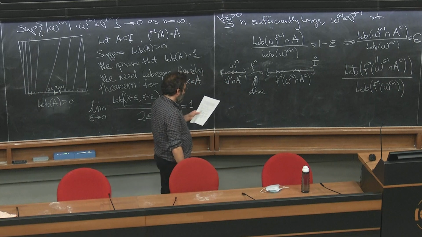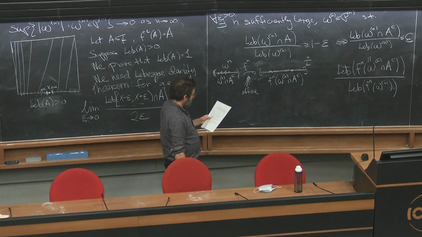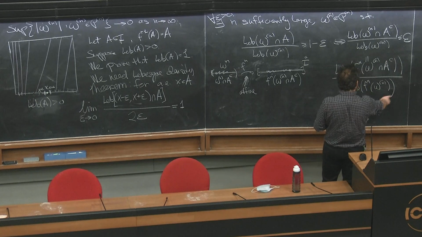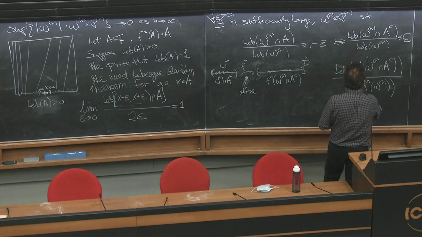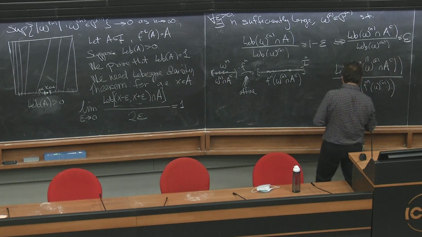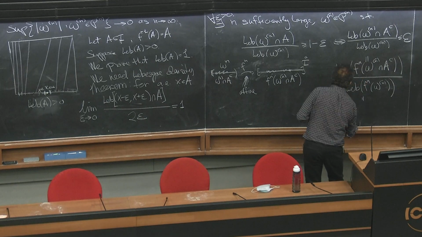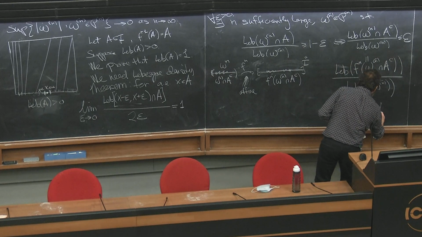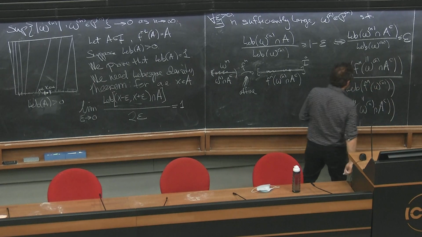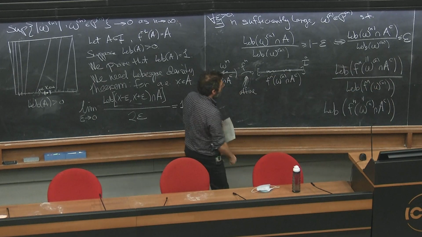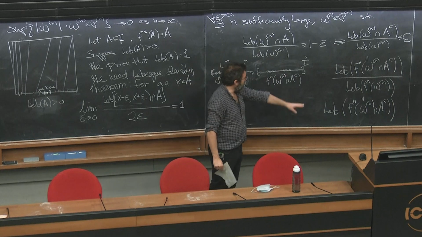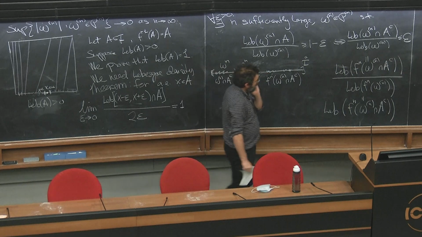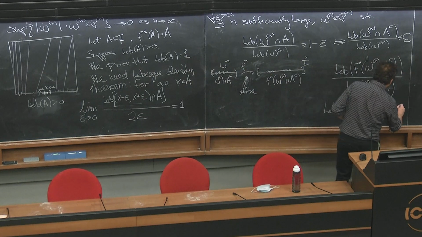So it has length 1. The Lebesgue measure of this is 1. So this is just equal to the Lebesgue measure of Fn of omega n intersection AC. Okay. So our conclusion, this is completely formal. We've used the fact here that we have an affine map, and we conclude that this is less than or equal to epsilon.